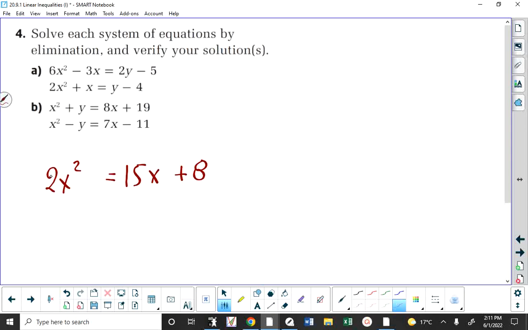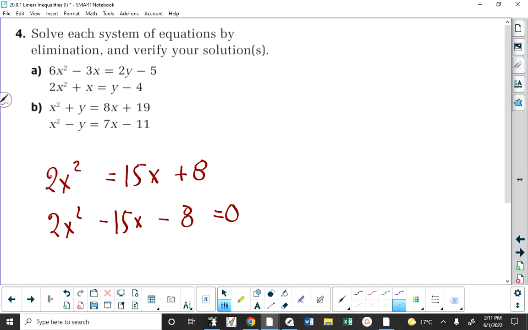Okay. It's quadratic, so I need to zero the equation. 2x squared minus 15x minus 8 equals 0. I would rather factor. I know sometimes I say I don't like factoring, but I would rather factor than use the quadratic formula. So let me find out if it is factorable. You can do the same thing.